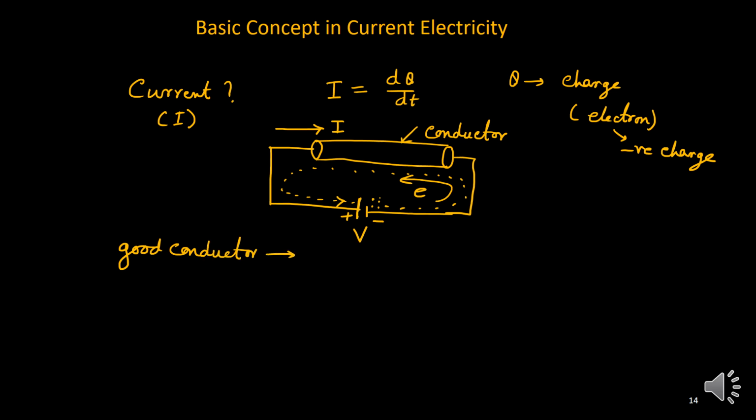So if V is kept constant, the current could be large. For a bad conductor, the current cannot flow easily, so I is low.